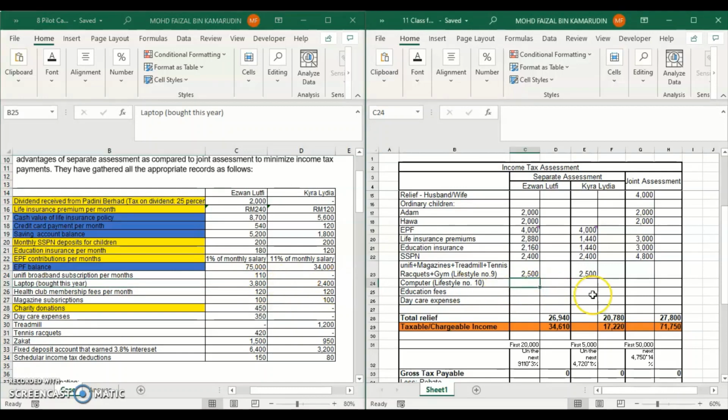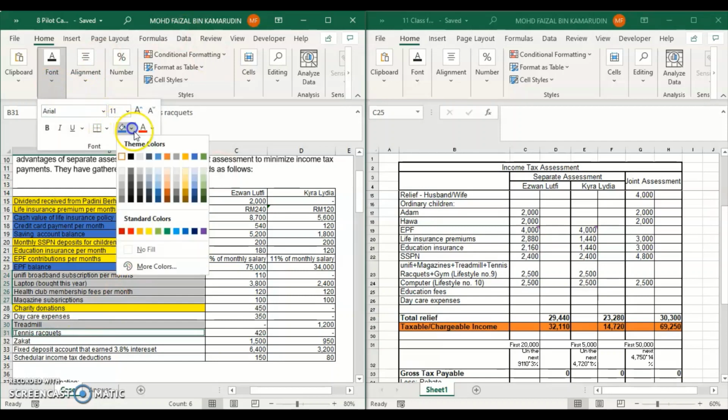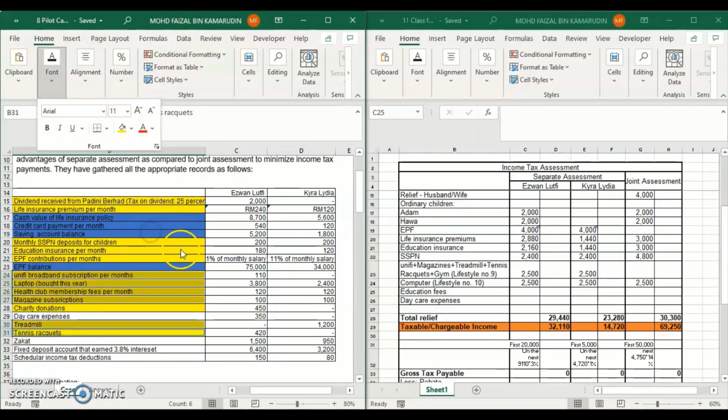So maximum 2500 for both, 2500 for joint. Again, it is only 2500, it's not 5000. So let's check what we do. 1 2 3 4. So this one is done.